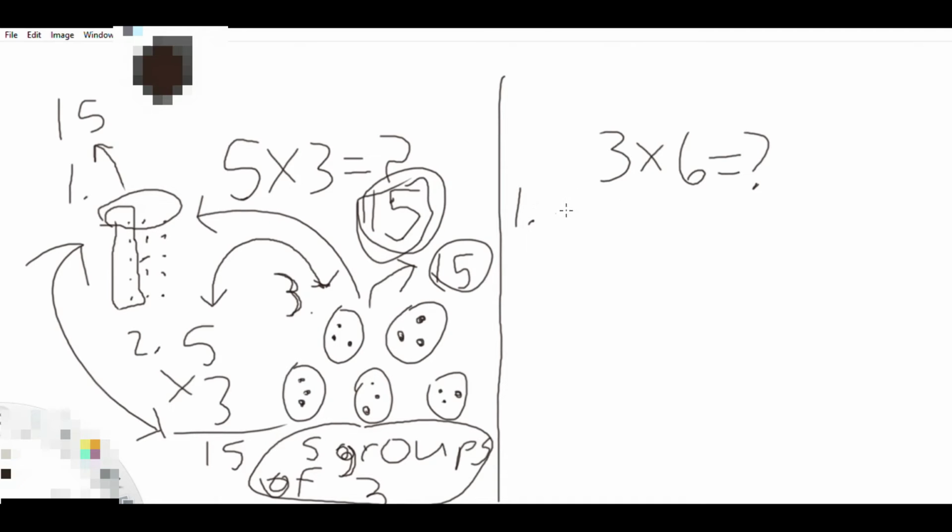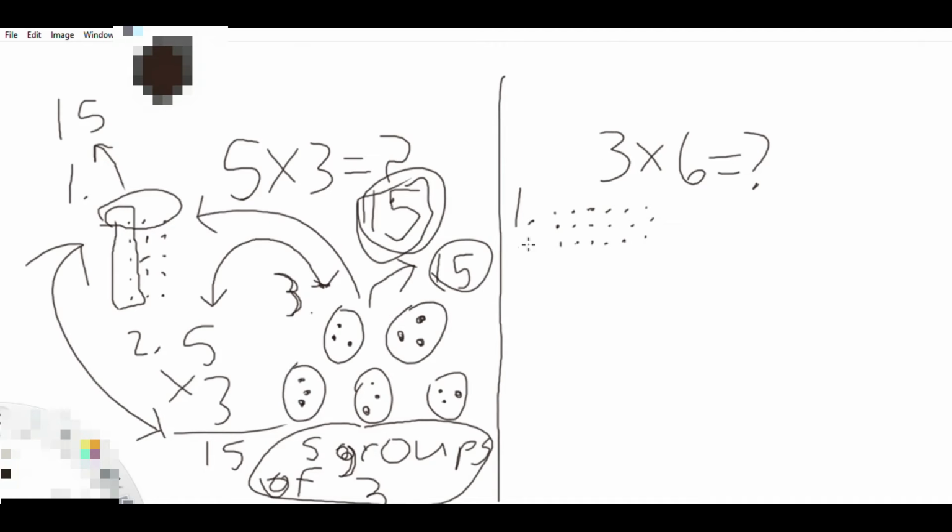So there's 3 dots down and 6 to the side. 4, 5, 6, 1, 2, 3, 6, one more row, 3, okay, one more. Sorry. Okay, there, 6.